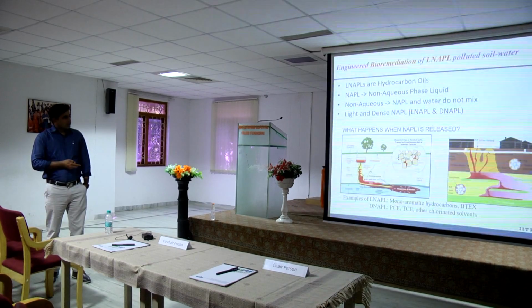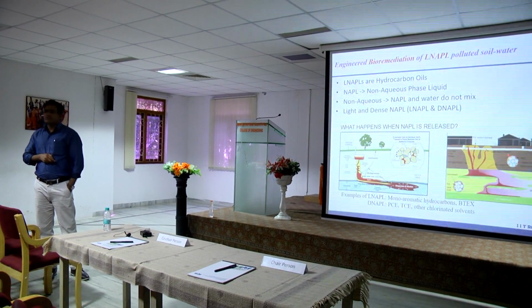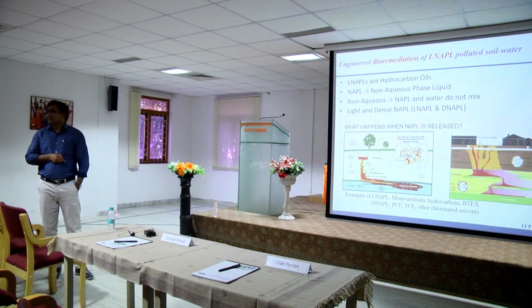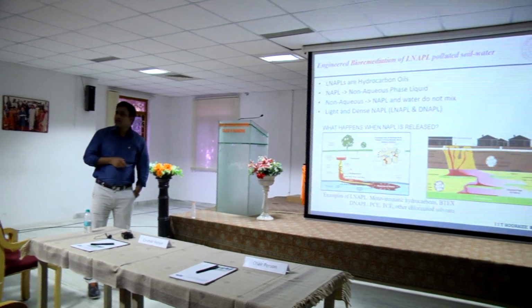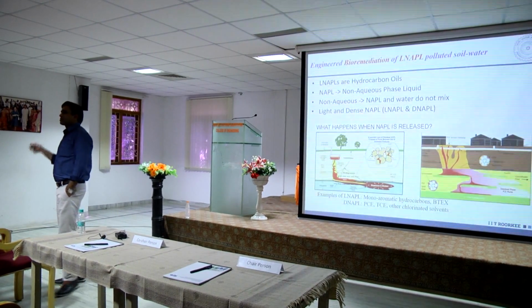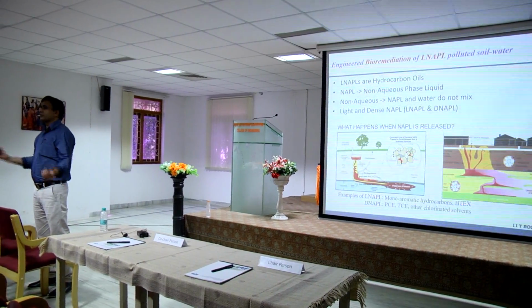Now what happens when these hydrocarbon oils get released from the surface? So this is the ground surface, or below the surface. There are different sources of these hydrocarbon oils, mostly storage tanks. You go to any gasoline station, and there are subsurface tanks containing these hydrocarbon oils.